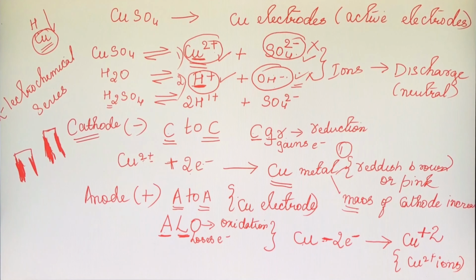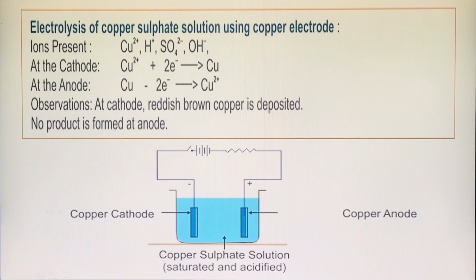Instead, the metal itself will start taking part in the reaction. So what happened? Copper loses electrons. When I say loses, it is minus. It will always lose 2 electrons. When it loses 2 electrons, it gets a plus sign. And what is this Cu2 plus called? This Cu2 plus is called copper ions.